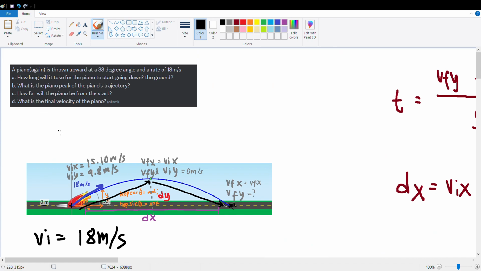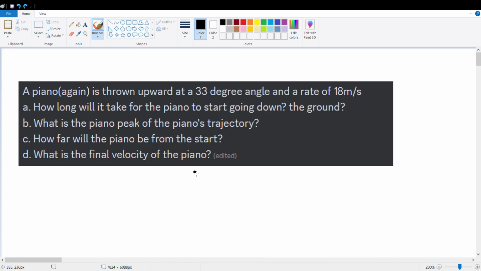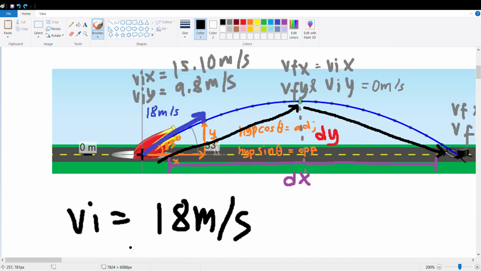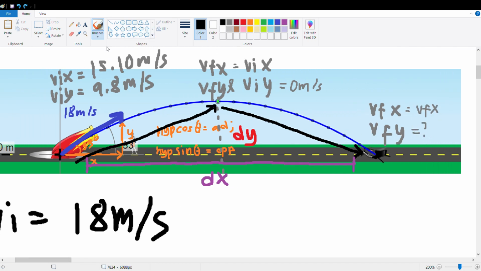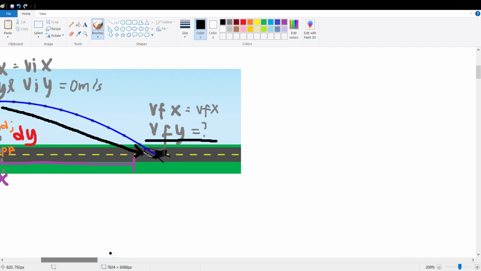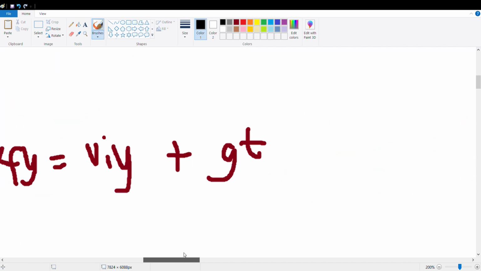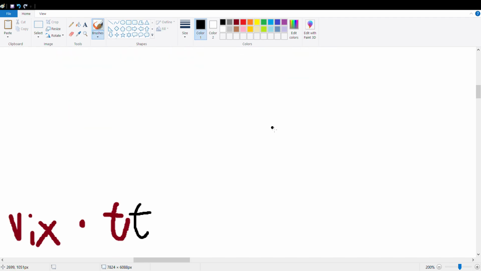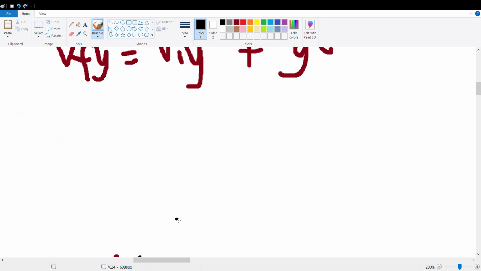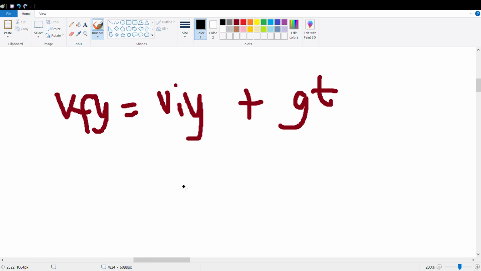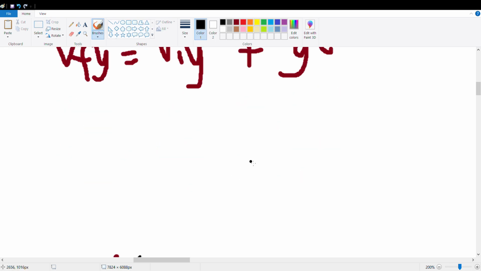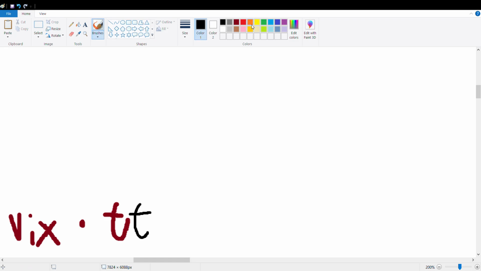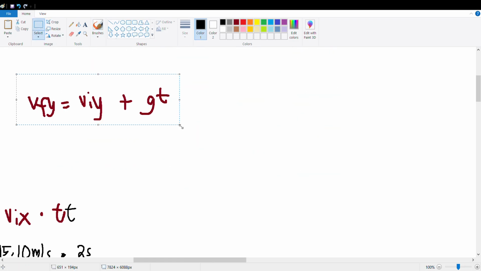Lastly, we have to find the final velocity of the piano. We have already solved everything here apart from this question mark I labeled at the end. So we're just going to be using this formula, which is VFY equals VIY plus GT. VIY here is from the start of the whole launch.